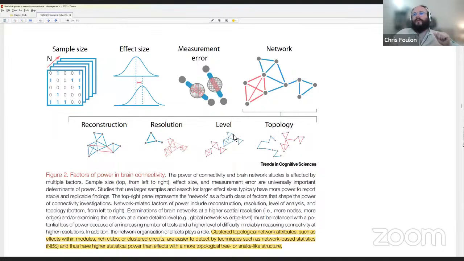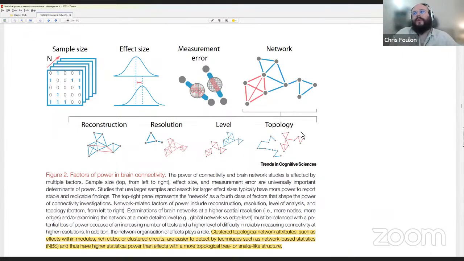Then you have the level of the analysis that you do, or the metrics that you're using. You can use more local metrics, like the modularity of the nodes, for example, how they are connected to each other. But you could use other, more global network metrics that will also change your statistical power.